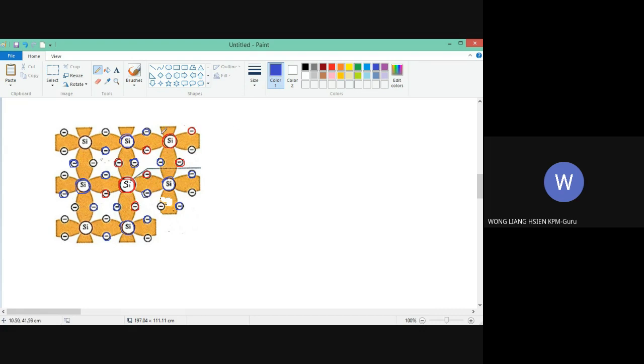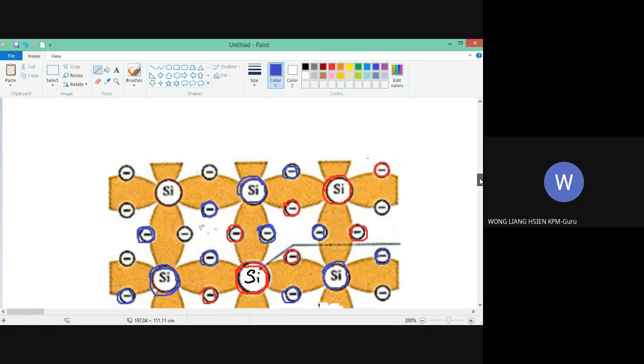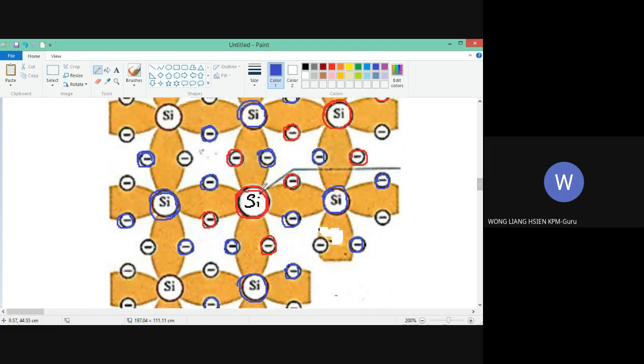So you see, every silicon has only 4 valence electrons. So when they share 1 electron with another silicon atom next to them, then they will achieve stability.